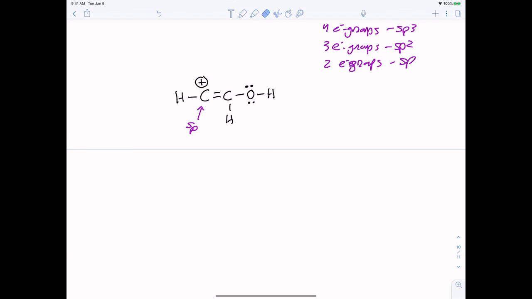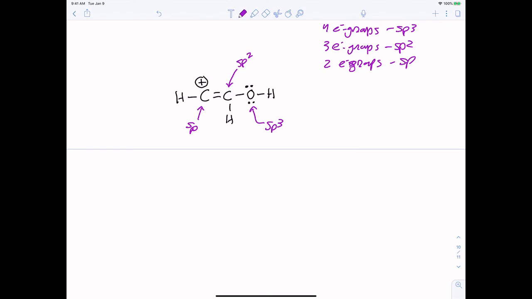This middle carbon, I have 3 electron groups, a double bond and 2 single bonds, so sp2. This oxygen, I have 4 electron groups, 2 single bonds and 2 lone pairs, so sp3. Hydrogens can never be hybridized.